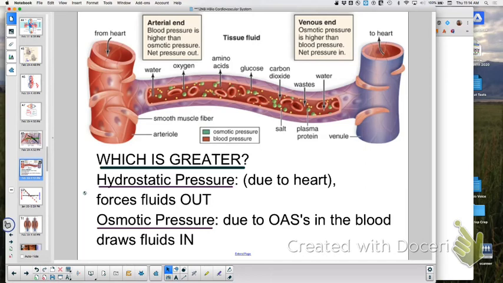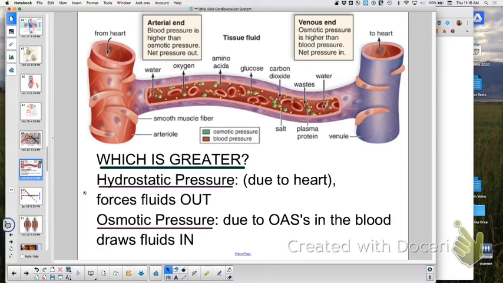What happens if you eat a lot of salty food? So there's a lot of salt in your blood. What pressure could that affect? It could affect more than one, right? Because if you have more salt in your blood, what's going to follow that salt? Water.